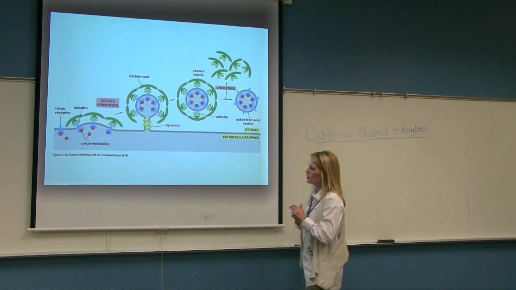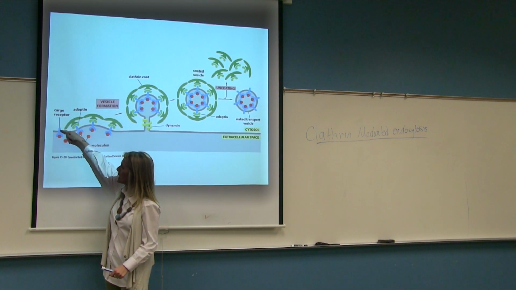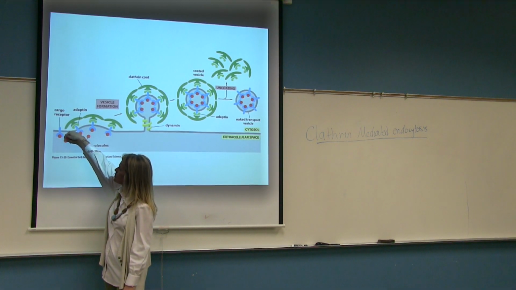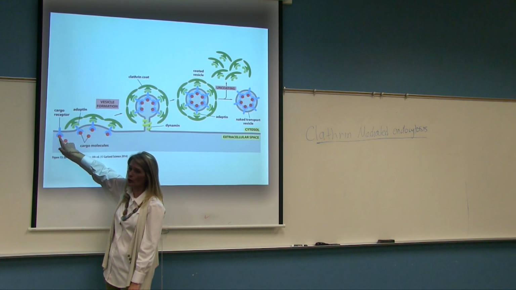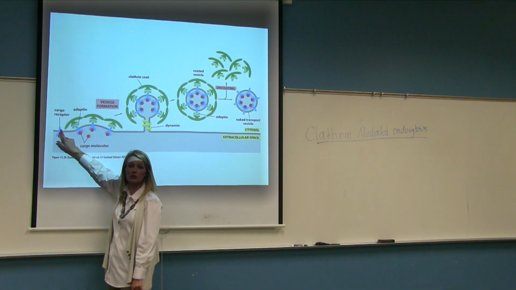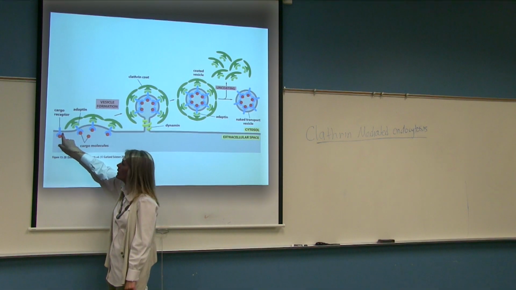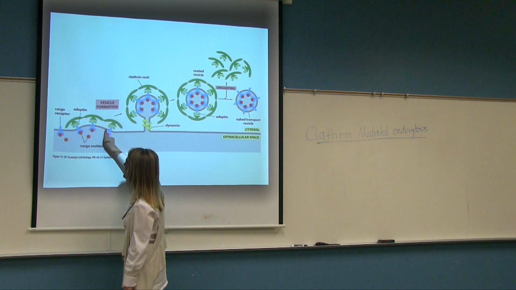So if we see all the way over here in the first stages, we have some receptor molecules. These receptor proteins are going to accept individual receptor cargo. And now that signaling cascade says we need to internalize whatever this cargo is that is bound to this receptor. In order to do that, we start to bulge the membrane inward.